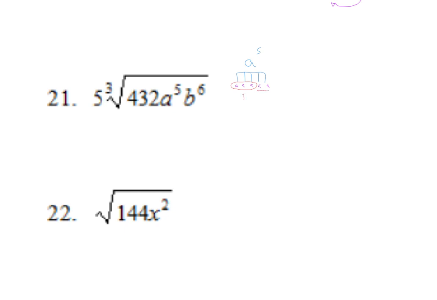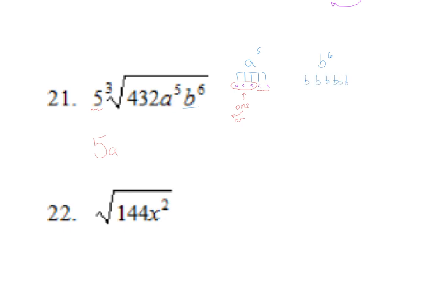How many cubes do I have here? I have 1. So that 1 is going to go out. This 5 is already out, so 5a. Now for the b's, I have b to the 6th, so I would have 1, 2, 3, 4, 5, 6 b's.